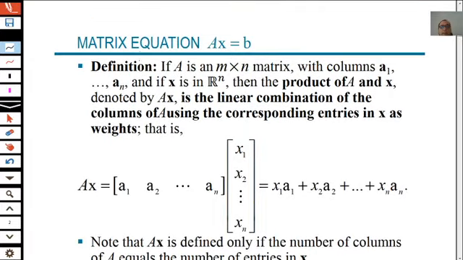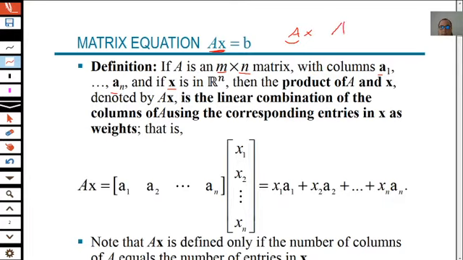So if A is an m by n matrix, namely we have m rows and n columns, with the columns a1, a2, up to an, and if x is in Rn, which means that we have n components for the vector x, then the product of A and x is defined.